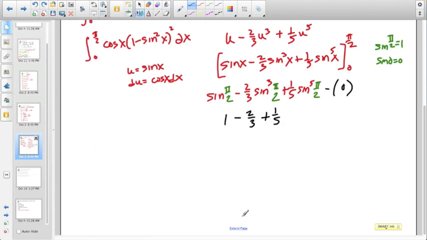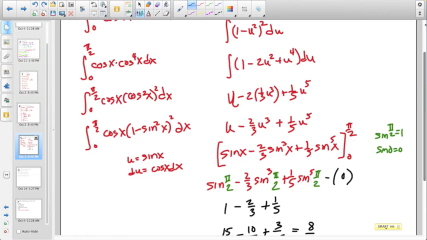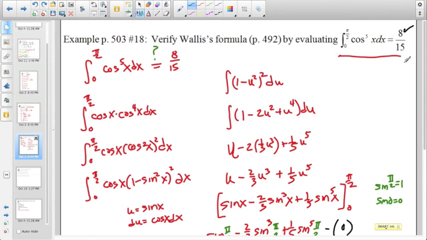If we look at that, common denominator is 15, so we've got 15 over 15 minus 10 over 15 plus 3 over 15. We end up having 8 over 15, which confirms Wallace's formula back up at the top of the page of 8 over 15.